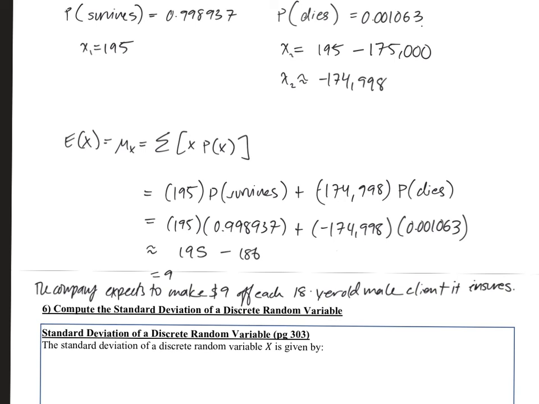So this is not saying that this is a long-term result, but what it's saying is that it expects to make an average profit of $9. But as you noticed before with the other example in the basketball, in order to get your mean close to that value, you need to have lots of these experiments. So this works better for more and more of the number of people that you insure.